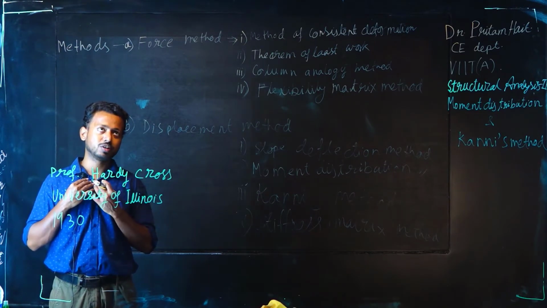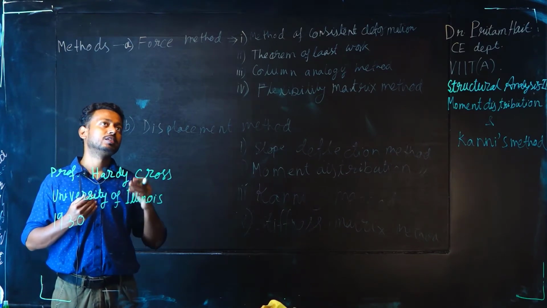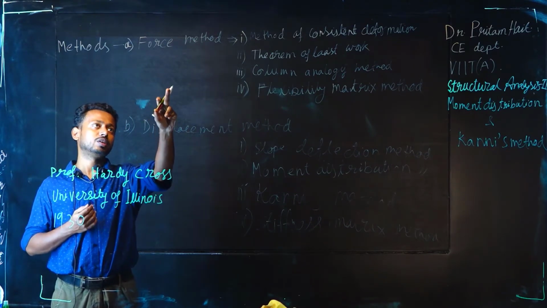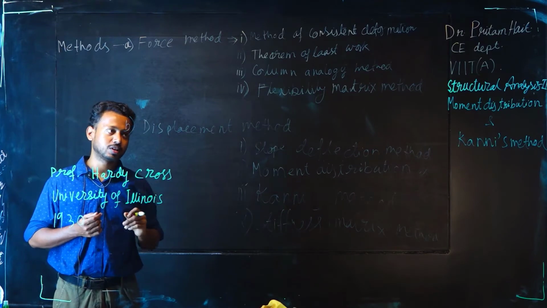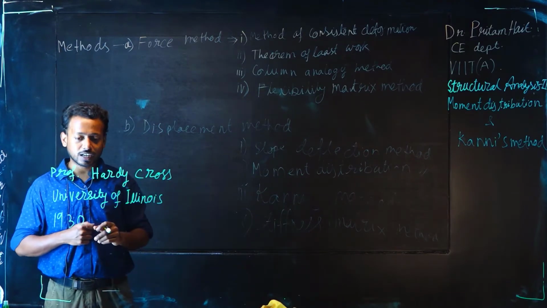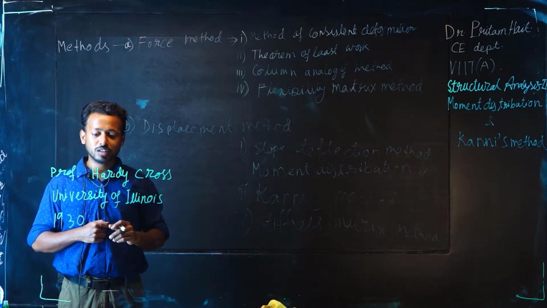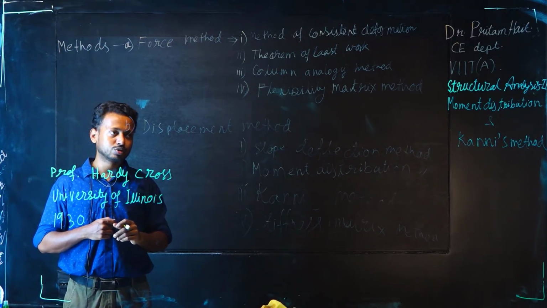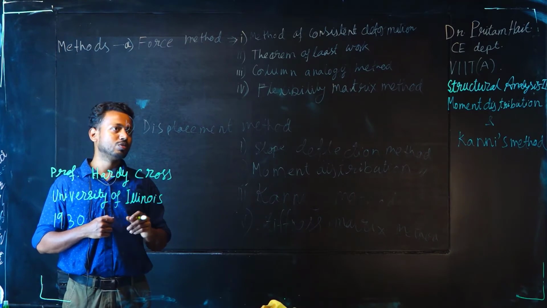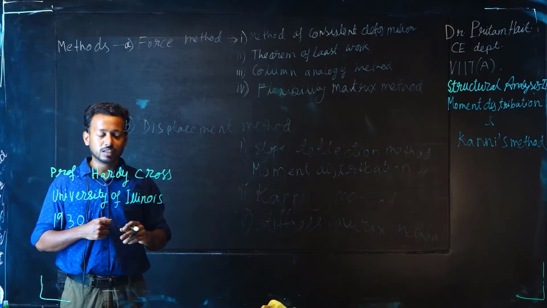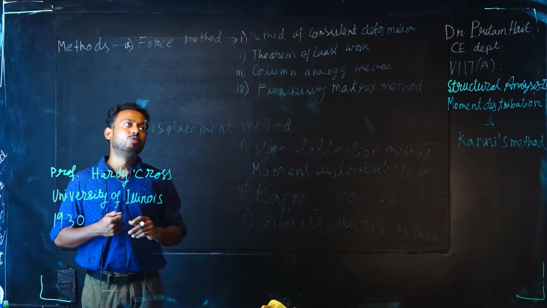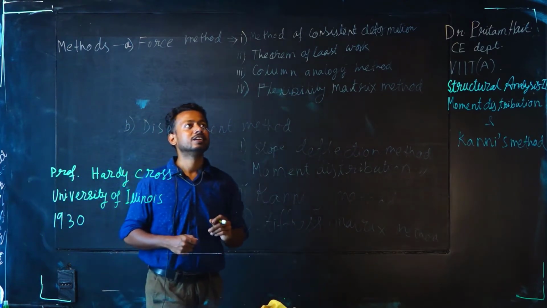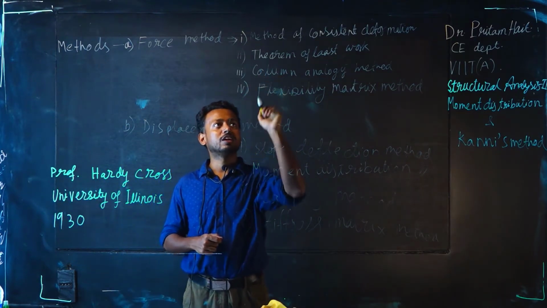First one is force method, second one is displacement method, right? In the year 1930, Professor Hardy Cross derived the moment distribution method, which is the most useful method for analysis of structure.